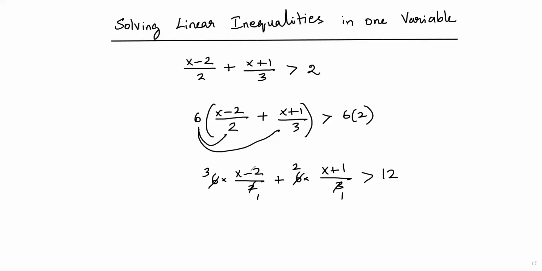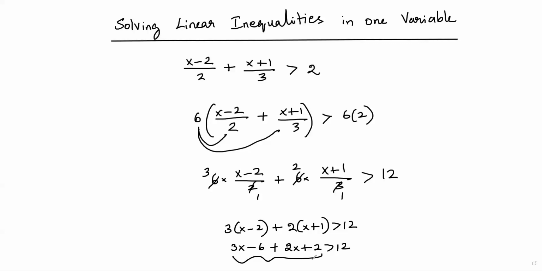Now this 3 is multiplied by the complete set of x minus 2, and this 2 is completely multiplied by x plus 1. So the next step is going to be 3 times (x minus 2) plus 2 times (x plus 1) greater than 12. Okay, now we can distribute this 3 to x minus 2, then it will be 3x minus 6, plus 2 distributed to x plus 1, it will be 2x plus 2, greater than 12.